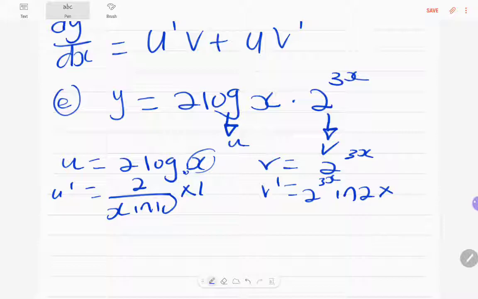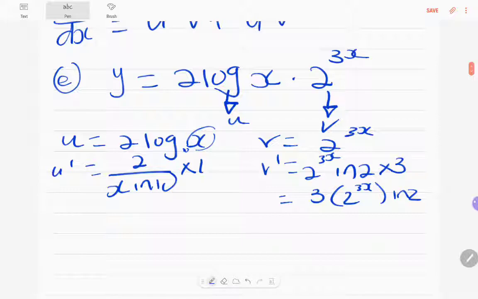You multiply by the derivative of the exponent, which is 3. So your answer will be 3 into 2 to the power 3x ln 2. Now, be careful. You do not say ln 2 multiplied by 3. Please don't. It is going to make everything incorrect.